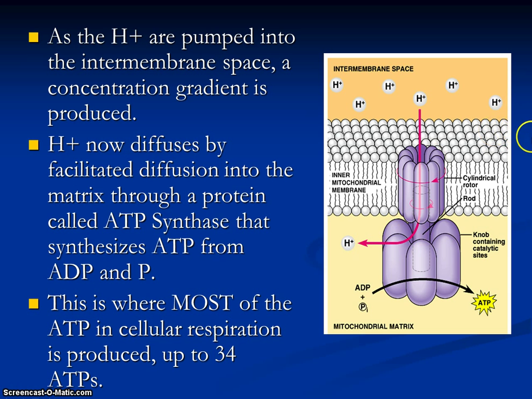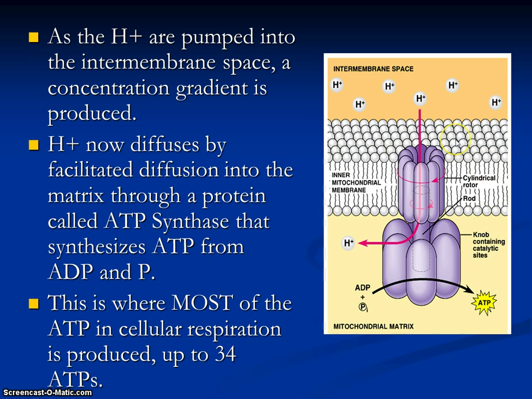Then these hydrogen protons are going to pass back through the membrane through facilitated diffusion using a type of proton pump. This proton pump is called ATP synthase. It's an enzyme, so an enzyme that's going to facilitate the production of ATP.